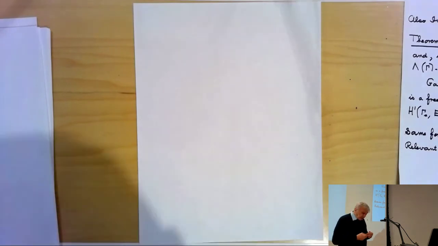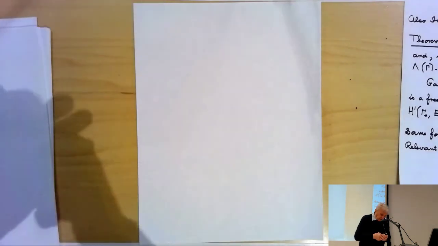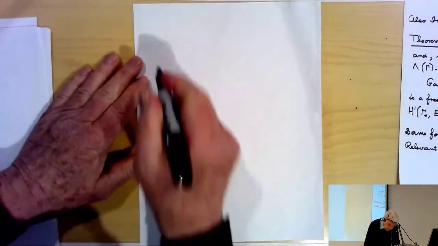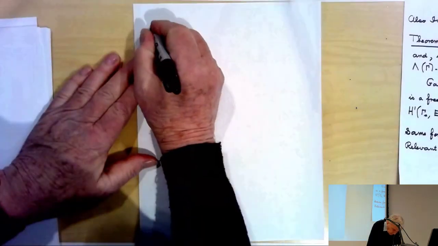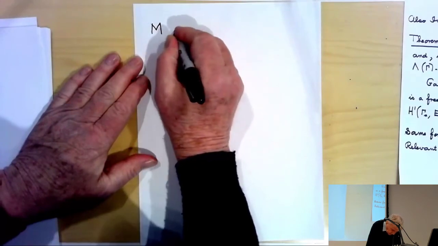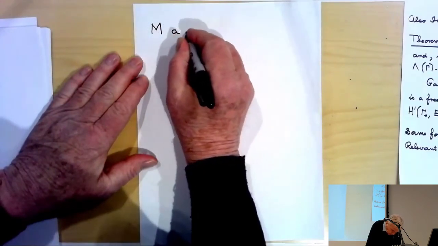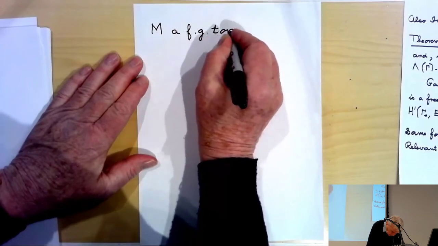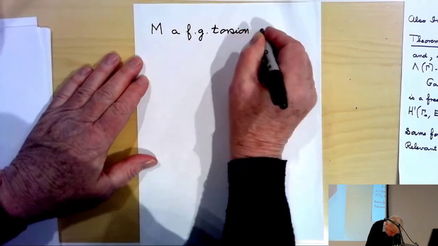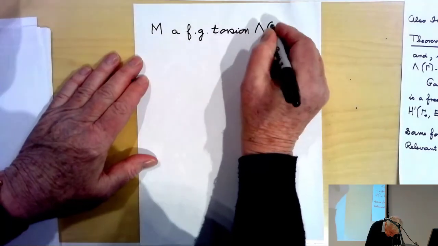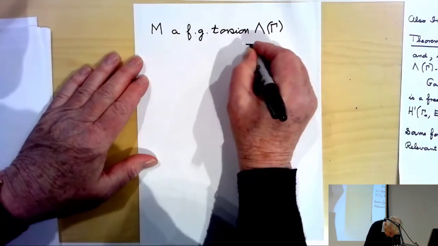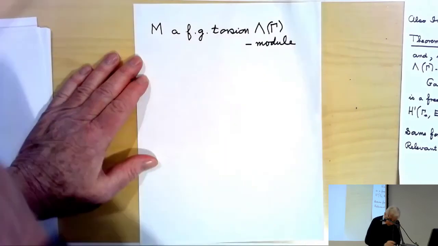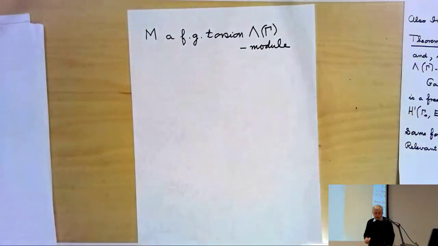I will mention it now and discuss it a little more tomorrow. So let M be a finitely generated torsion Lambda-Gamma module.